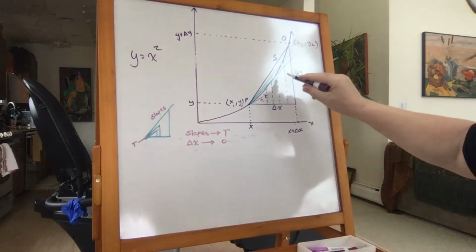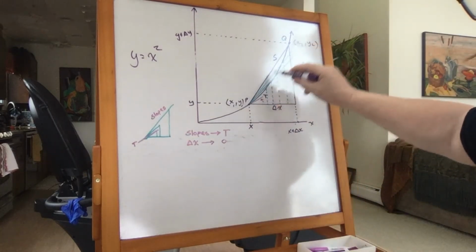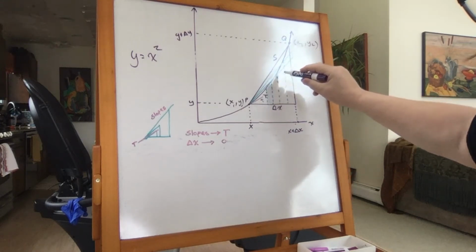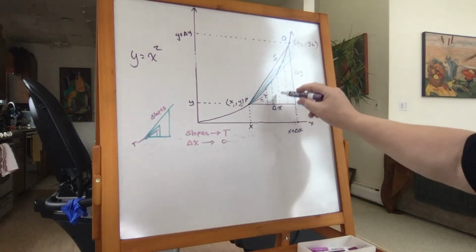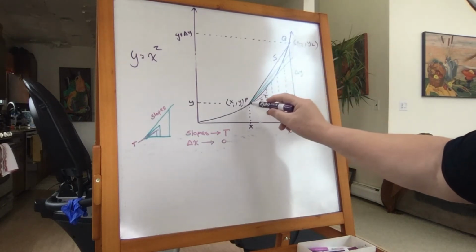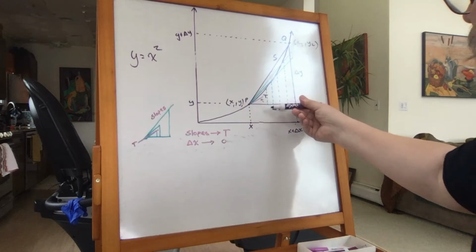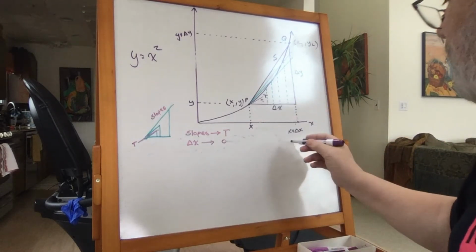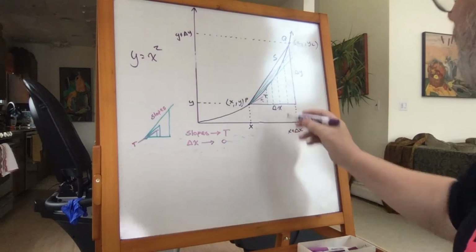And that's what this shows here. We can see the green lines. Those are the different slopes of the triangles that approximate our slope at the point P as we squeeze our delta x in towards P, as delta x goes to 0.